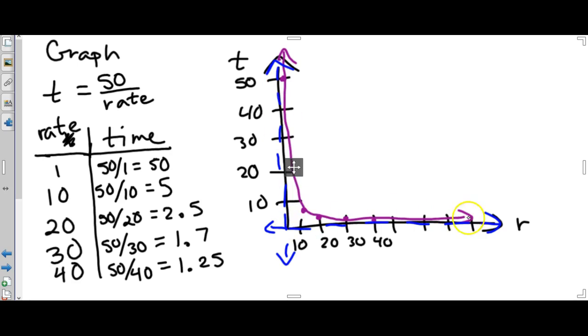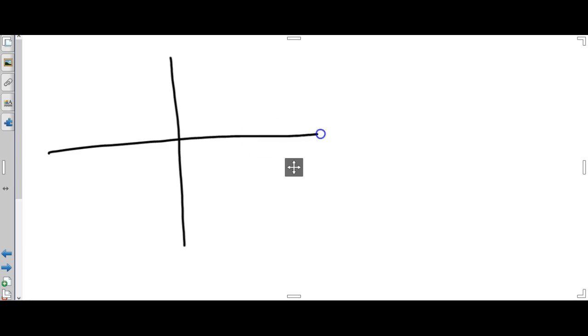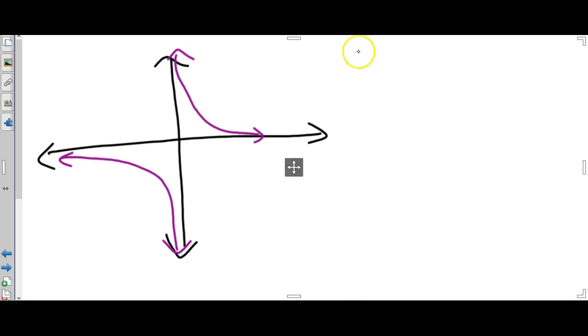And we had only considered this first quadrant because when we were working with this problem, it was talking about times and rates, and you can't have negative time. But a full rational function is going to include more than just that first quadrant. We're going to graph the entire rational function, including any negative values. The basic rational function, which we usually call the parent function, looks like this.